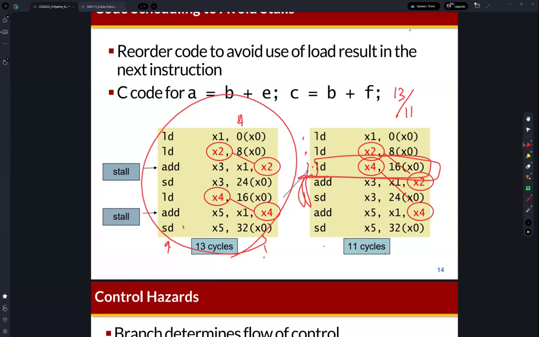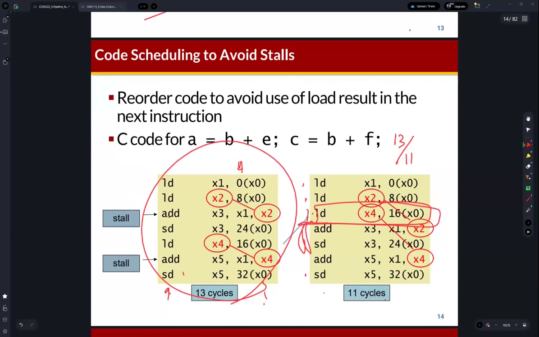I mentioned that it's around 4 or 5 on average. So it's not easy to find the available instructions that can be used for rescheduling in compiler optimization. But if possible, then we can apply compiler optimization to avoid the data hazard.